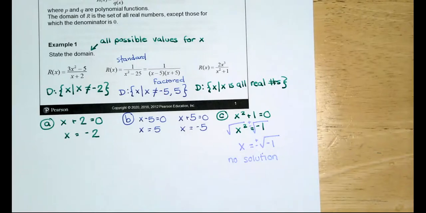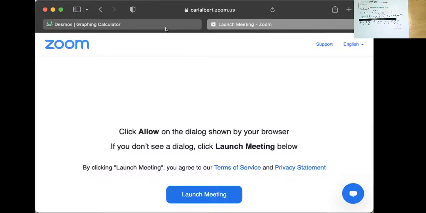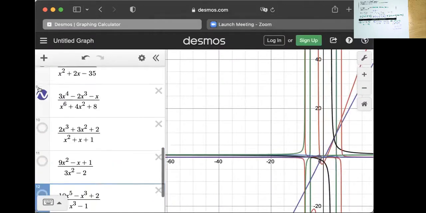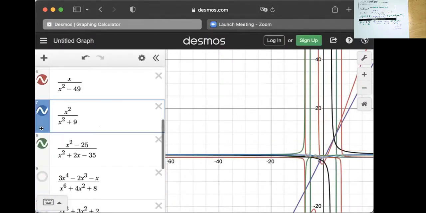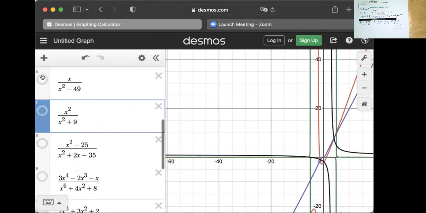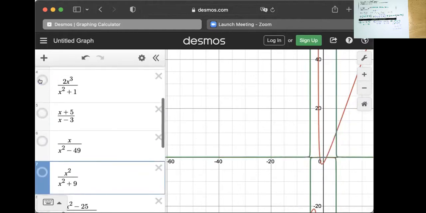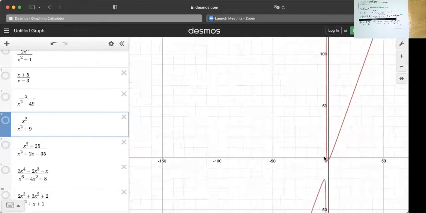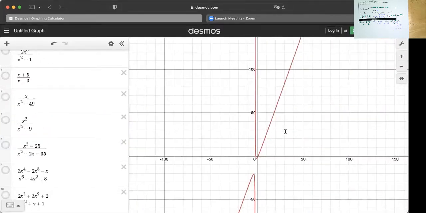I want you to see in Desmos each of these, okay? So we're gonna look at the first one. All right, our first graph looks like this.